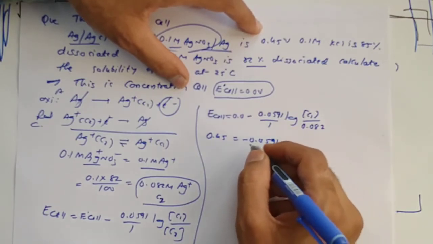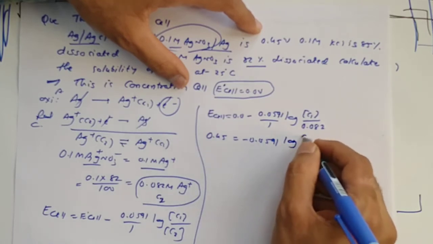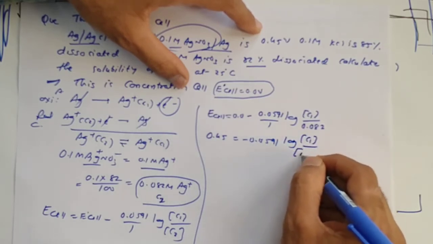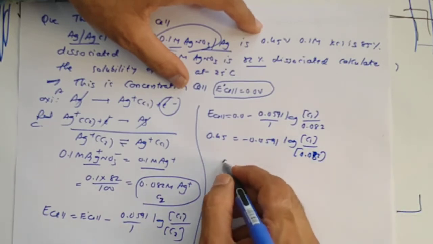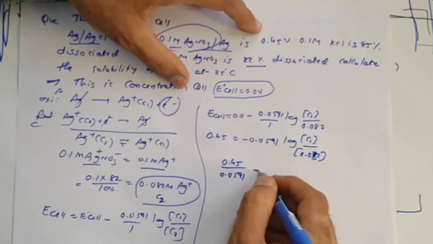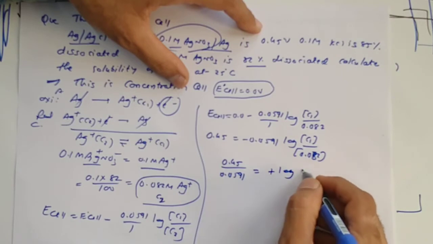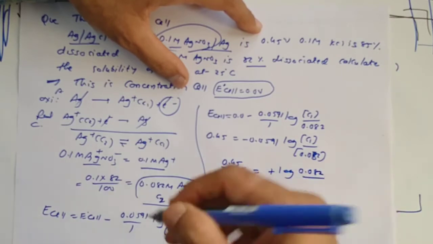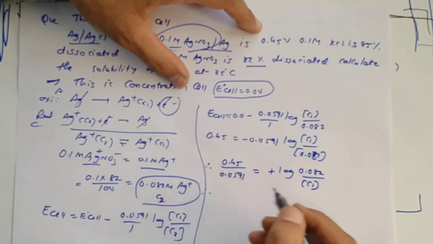When we take C1 upon 0.082, so 0.45 upon 0.0591, minus here became plus, since 0.082 is upward and C1 downward, so the sign will be changed.